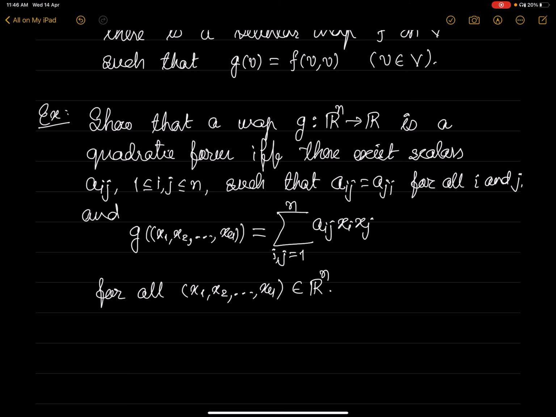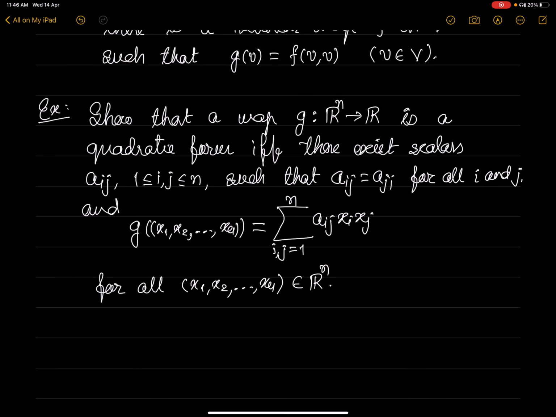So once we see a quadratic form, if we are given a quadratic form on Rn, we can associate an n cross n real symmetric matrix, namely a_ij, and conversely also. So that I am writing first.